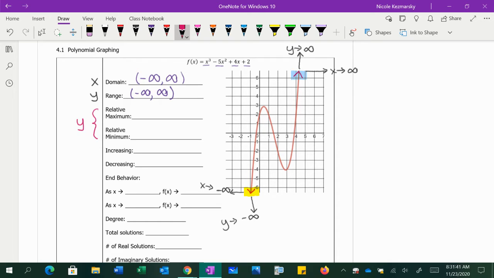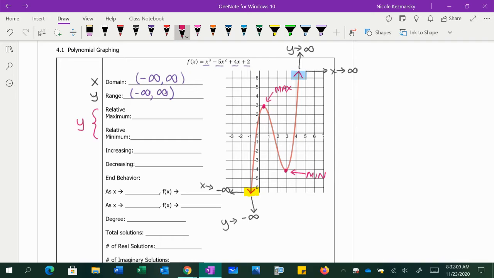If we look very closely at this graph, we can see the top of a hill right there. That's going to be a max. The bottom of the hill down here is a minimum, because that's the lowest point compared to the points around it.